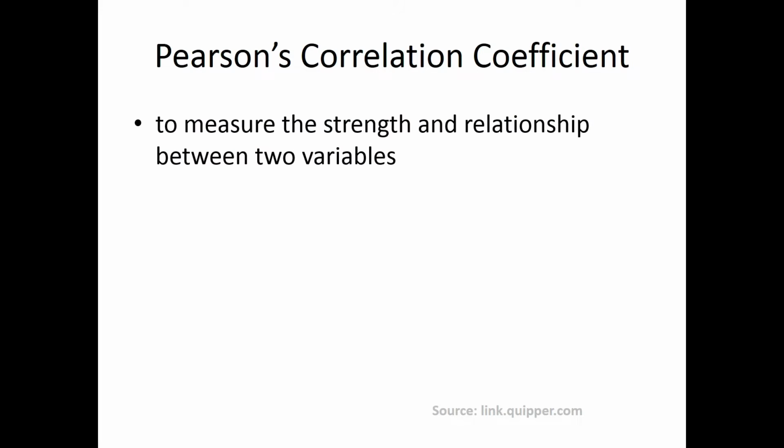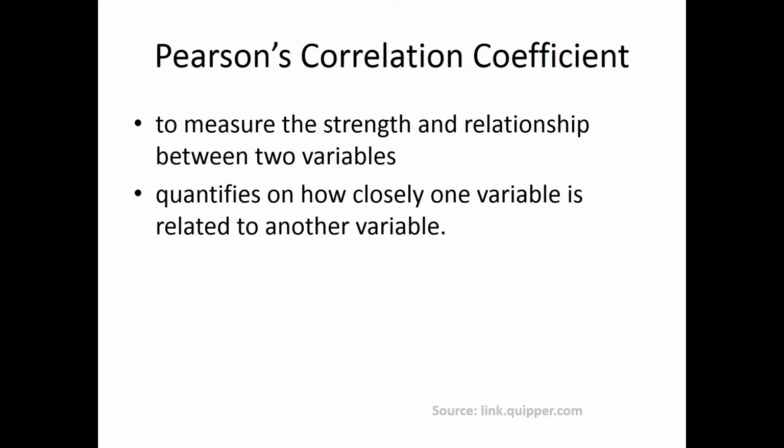So first we need to know that this is used to measure the strength and relationship between two variables. So dalawang variables. Okay? Remember, this is just to measure the strength and relationship between two variables. Meaning itong type of data analysis na ito is actually not pinpointing the cause and effect, but it's just measuring the strength and relationship between two variables.